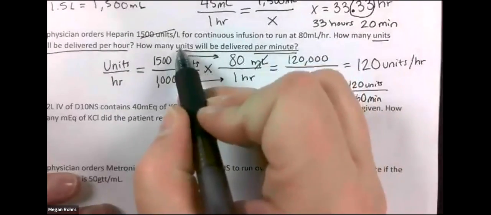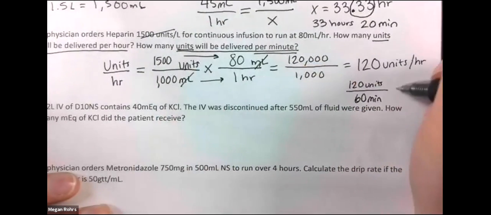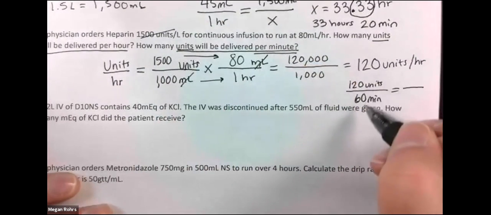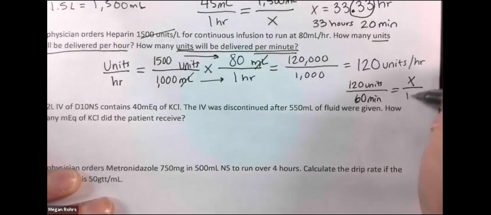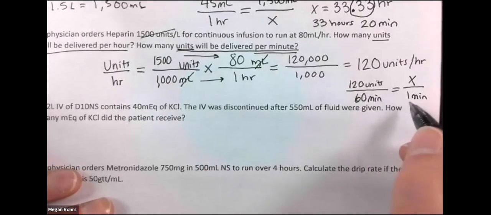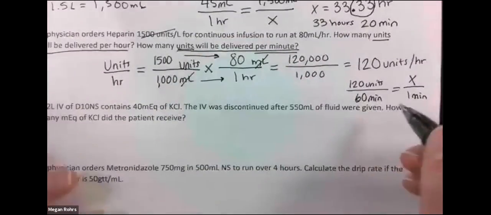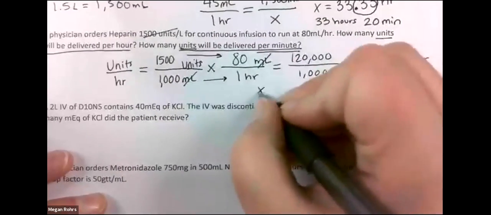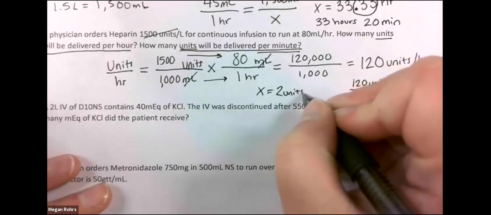They're asking for units per minute or per 1 minute. So you could simply just divide this here to reduce it down, or set it equal to x over 1 minute. It's just 120 divided by 60, which gives us 2. So x equals 2 units.